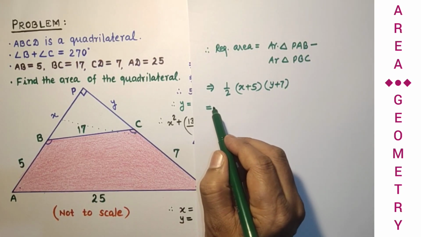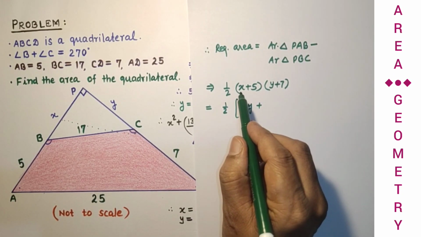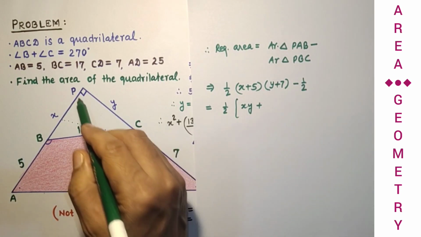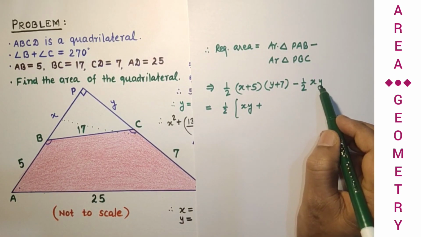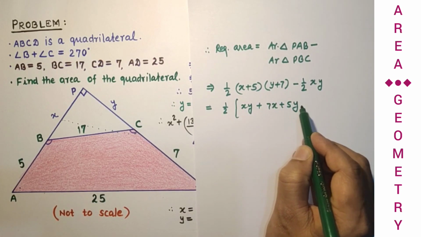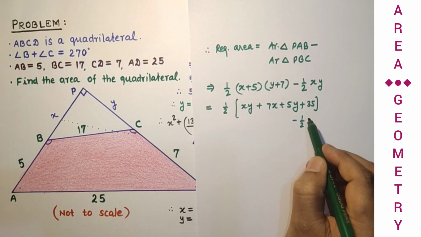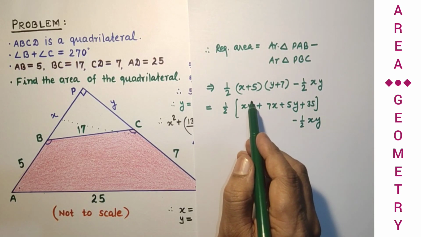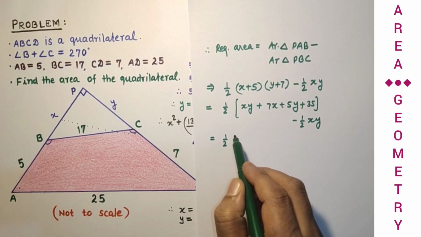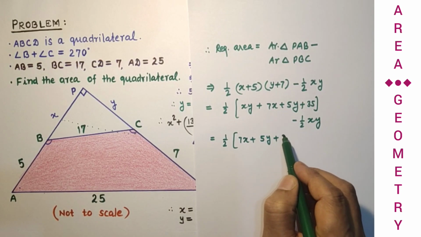So it is half of xy plus 7x plus 5y plus 35, and minus half x into y. So this half xy will get cancelled. So that is half of 7x plus 5y plus 35.